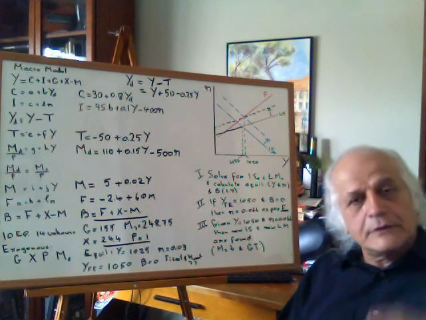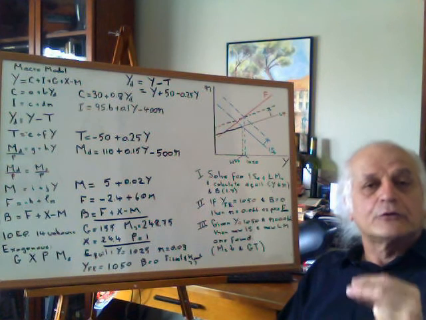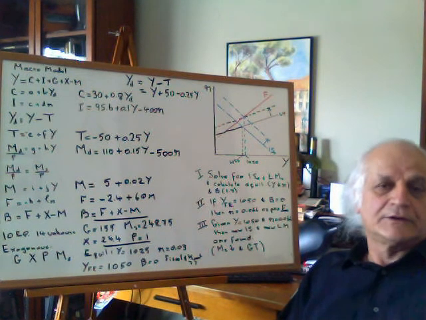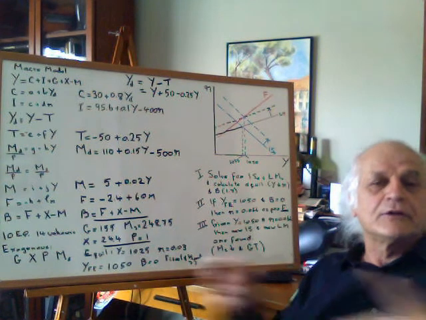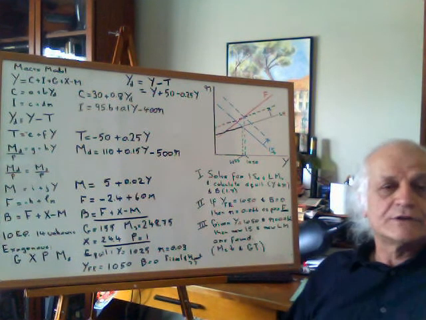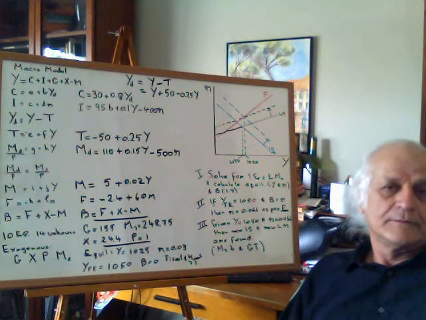For an economy to be at equilibrium, we need to have these three markets simultaneously at equilibrium. That's to say, the three functions need to intersect at exactly the same point, right?